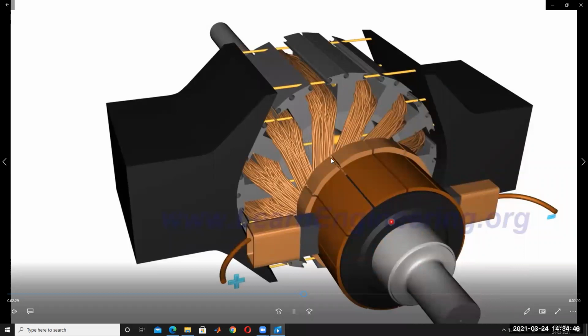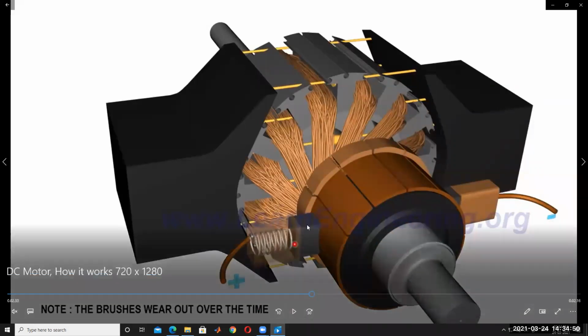This is the shaft. When it is connected to the shaft and rotating, we give the power supply using brushes. To make a continuous connection between the brushes and the commutator segments, these springs are used. Understood.